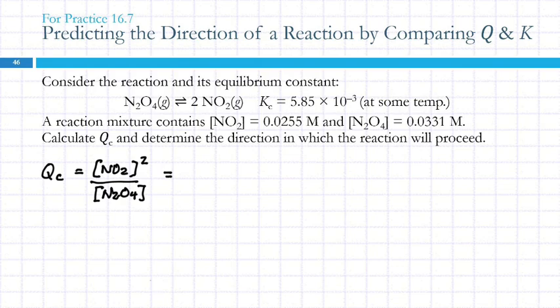NO2, 0.0255 squared. N2O4, 0.0331. Let me do some math.